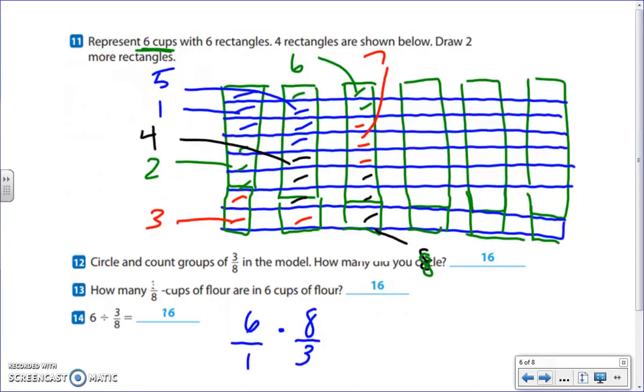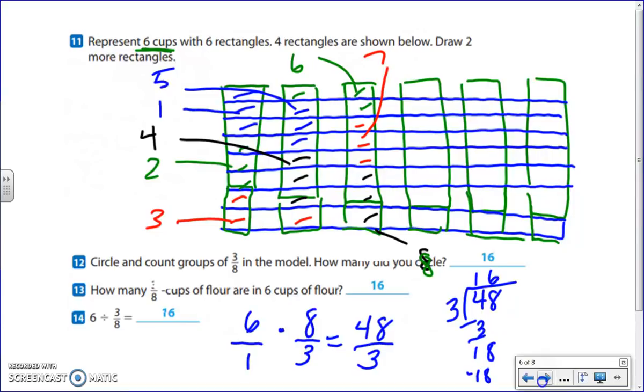I like to think of my whole numbers as fractions as well. That leaves me with 48 thirds. 48 thirds is the same as 48 divided by 3. If you're not sure if 3 goes into 48, we can find out. Bring down the 8. Looks like to me we get 16. So we get 16 using either method.